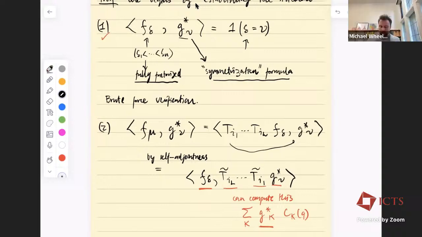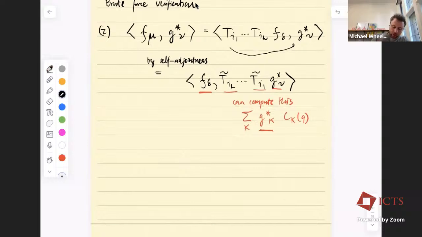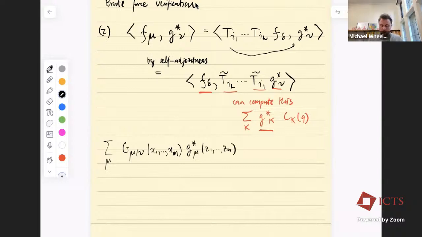Yeah. So one application of this is the following. We've already seen this formula, kind of an eigenvector equation for the capital G's. This one is a mu, and that's equal to a product here, which I won't write explicitly, depends on X and Z, and then there is this G star nu in Z's.